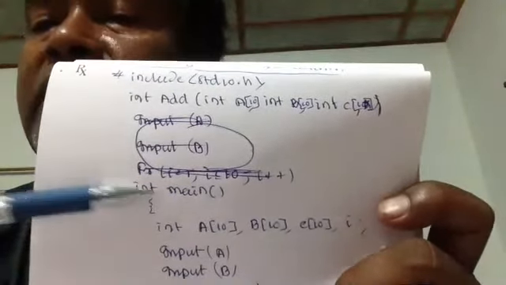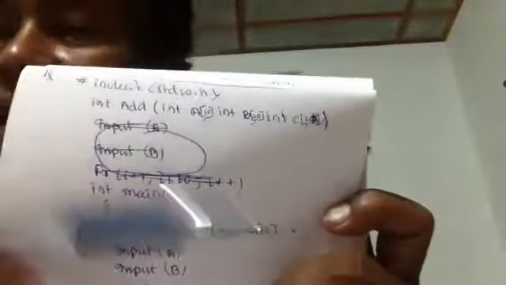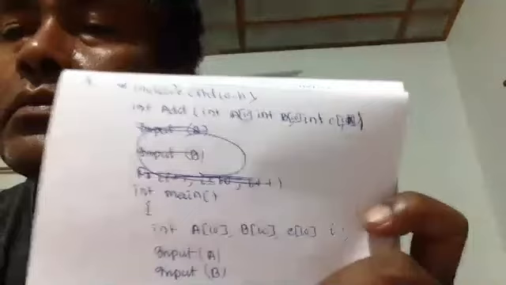Now it's clear. This is called global. But in the earlier case, it works only for that program. So this is called global declaration. Now the concept is clear.